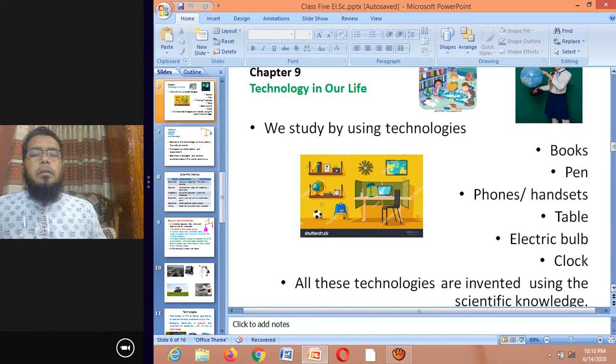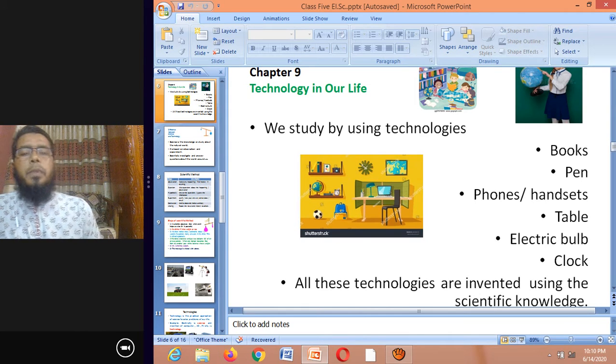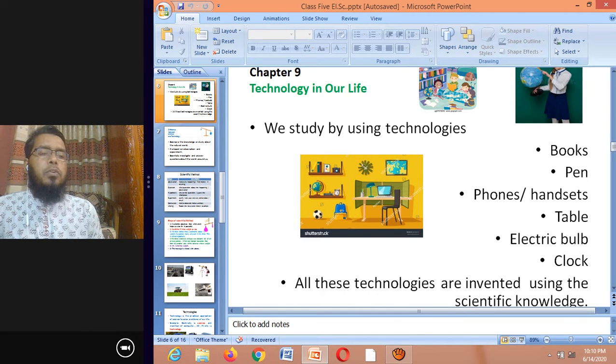In chapter 9, let's look at the picture that I mentioned earlier. In these pictures, the repetition of the earlier pages, I mentioned books, pen, phones, handset, table, electric bulb, clock. All these technologies are invented using scientific knowledge.